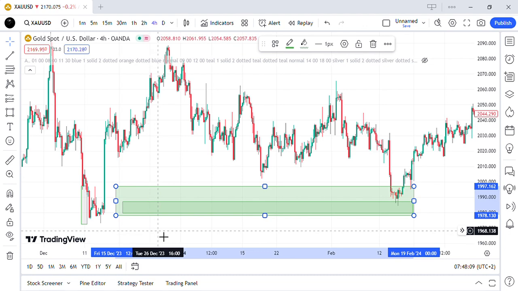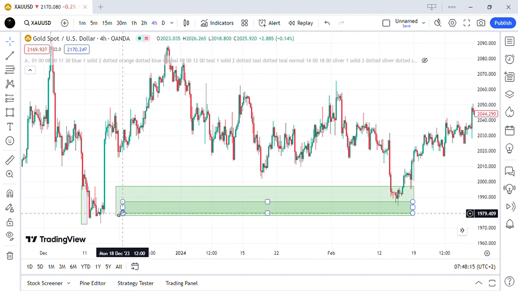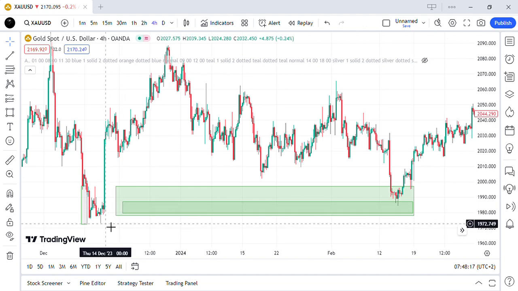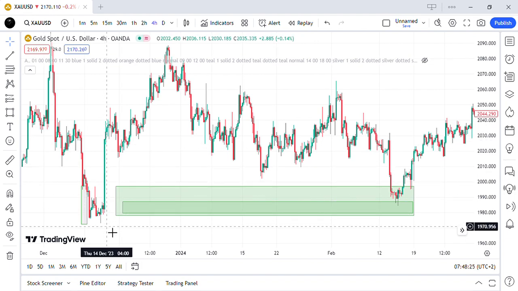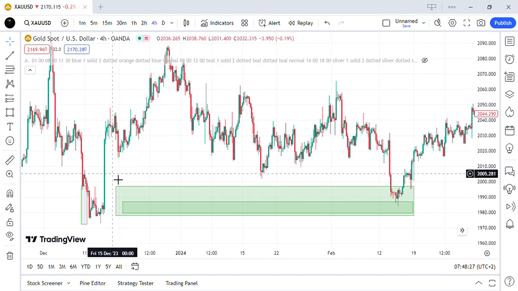Then there is an imbalance. What is an imbalance? An imbalance is when only buyers are present on this candle. Only buyers, no sellers. This is called an imbalance.